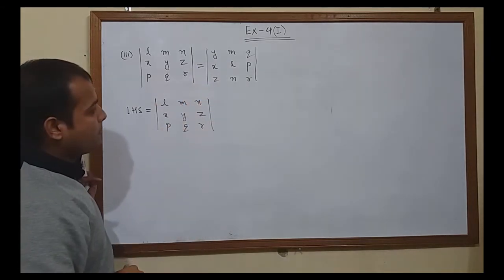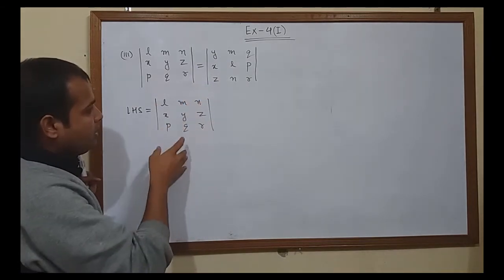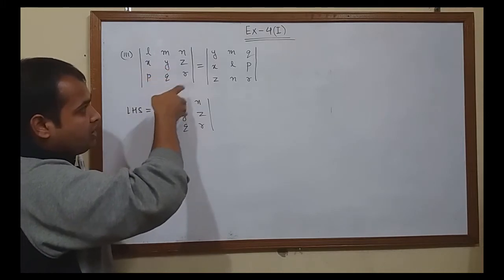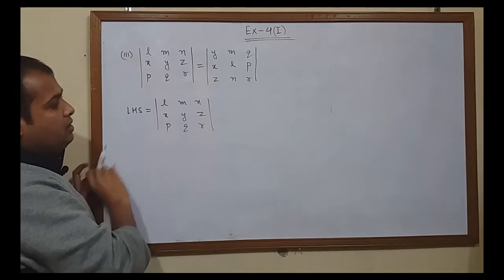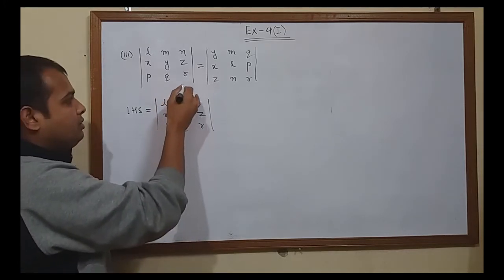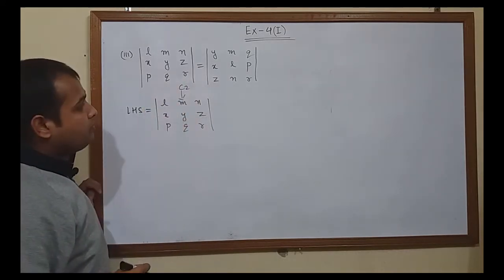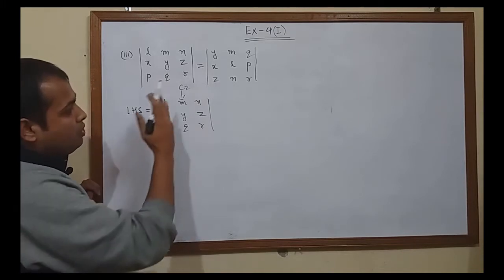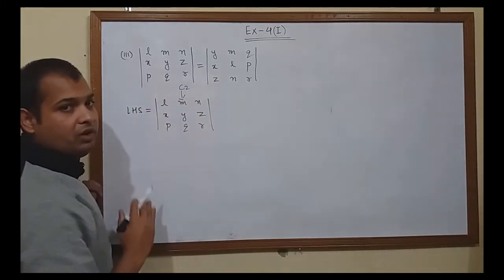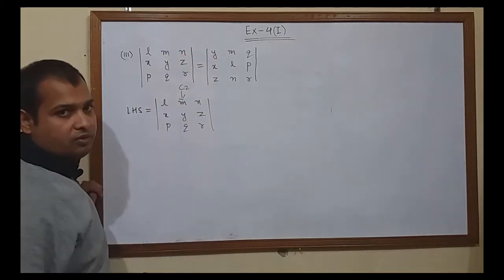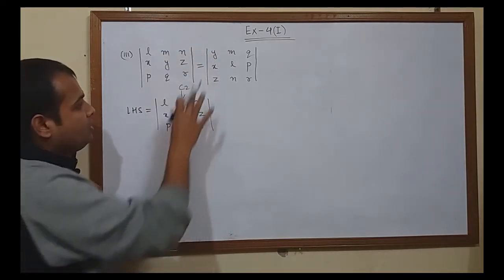But the column which contains all these three elements Y M Q is the second column. So only shifting your second column to right or left will not help you to get the first row Y M Q.